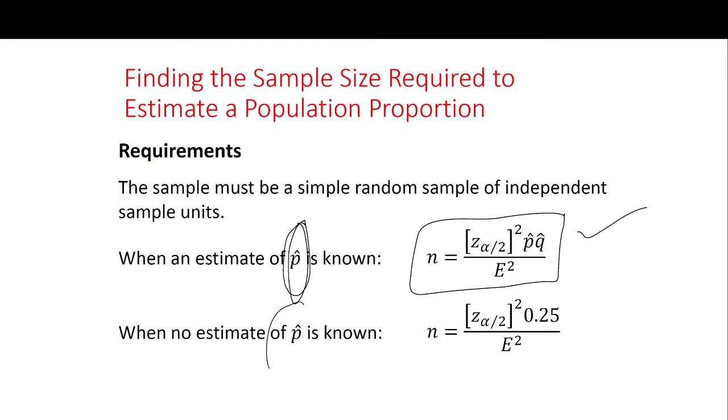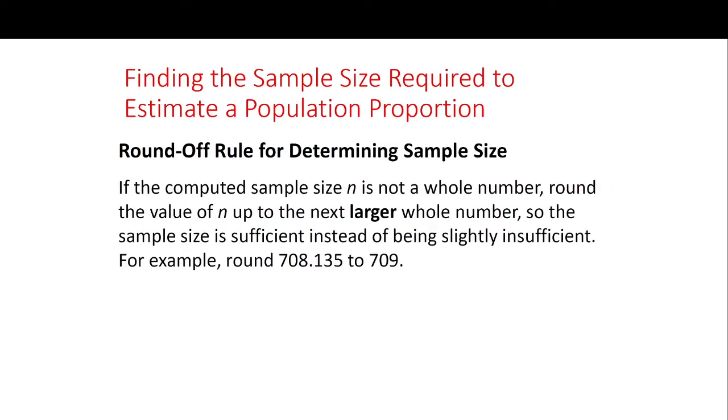If no estimate is given, then this is the formula we use. Remember the rounding rule: always round your sample size to the next larger whole number. For example, here 708.135 should be rounded to 709.